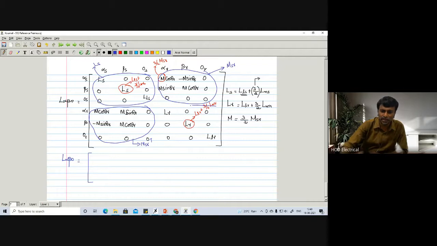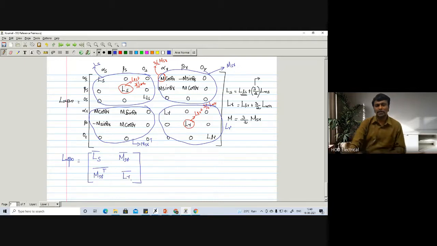Then we have this matrix as the rotor inductance matrix, Lr. So this way we can write this equation.